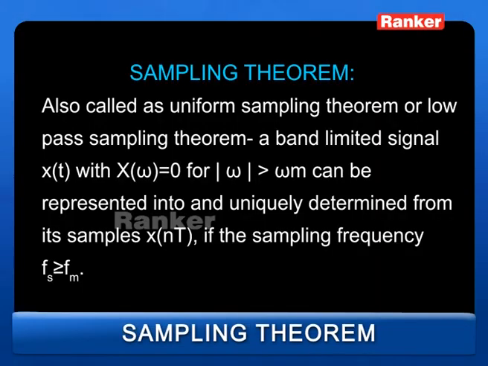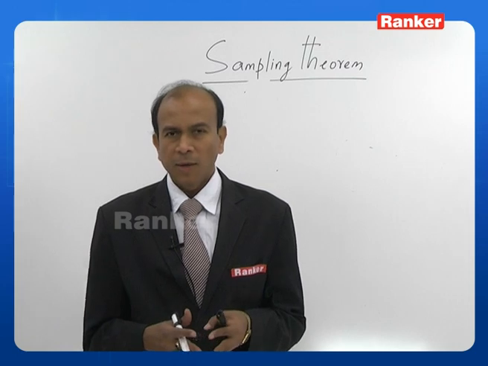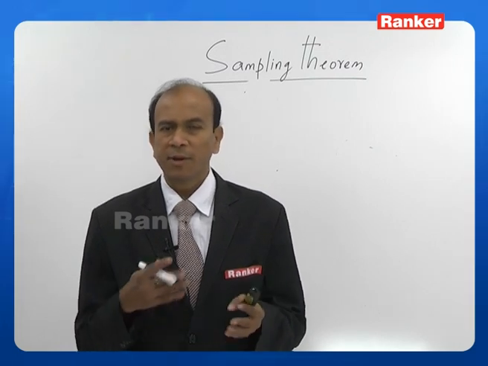A band limited signal x of t, with x of omega equal to 0 for omega greater than omega m, can be represented and uniquely determined from its samples x of nTs if the sampling frequency fs is greater than or equal to 2 fm. So, basically we are talking about a signal whose frequency components do not exist beyond a certain value.